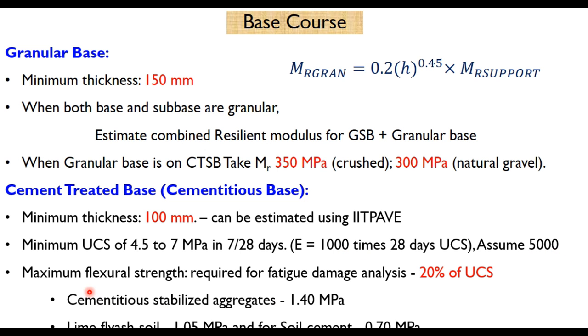The flexural strength required for fatigue analysis should be taken as 20% of UCS, subject to the following conditions: for cementitious stabilized aggregate, it should not be more than 1.4 MPa, for lime fly ash soil 1.05 MPa, and for soil cement 0.7 MPa.